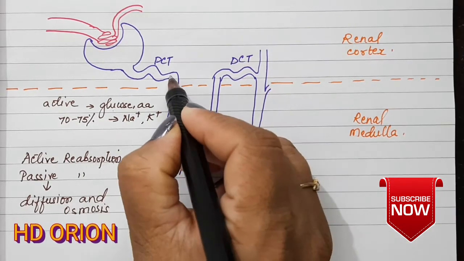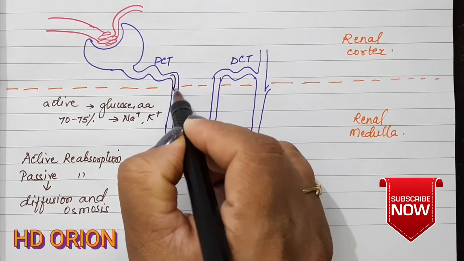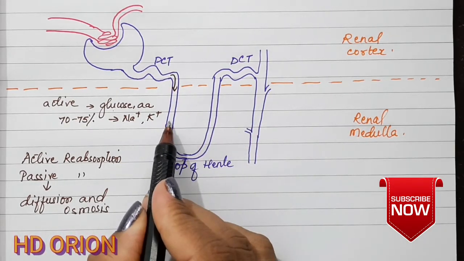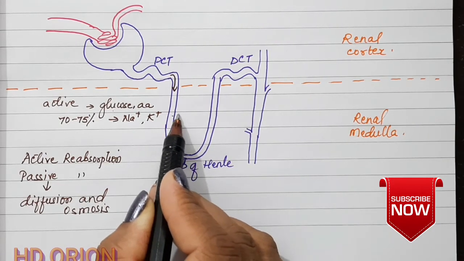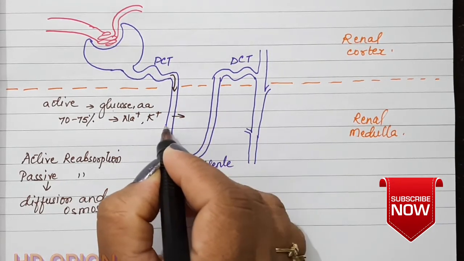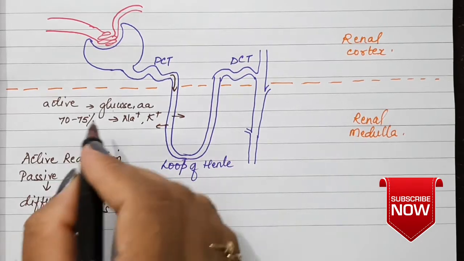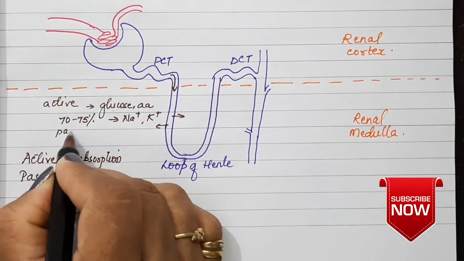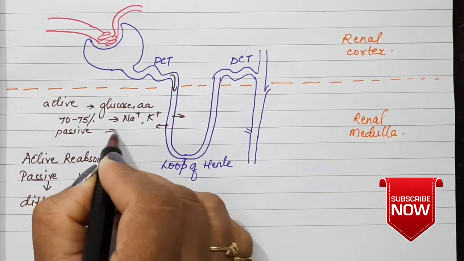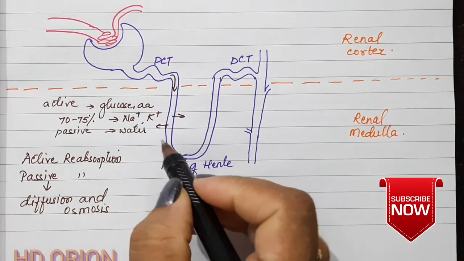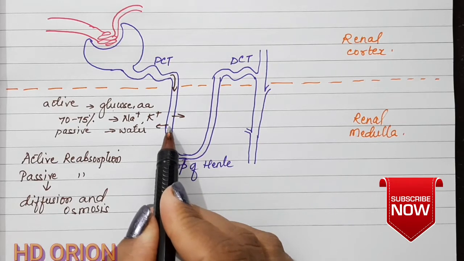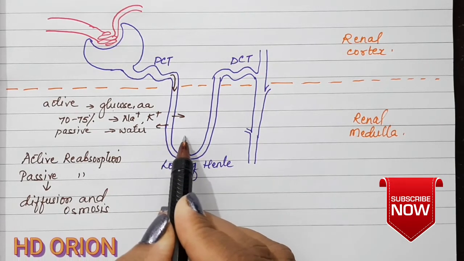So when the filtrate runs down into the loop of Henle, the maximum reabsorption of water takes place. From here it is reabsorbed. So the water is reabsorbed by passive transport, because there is abundant water over here. There is no need to expend energy, and water is reabsorbed continuously.